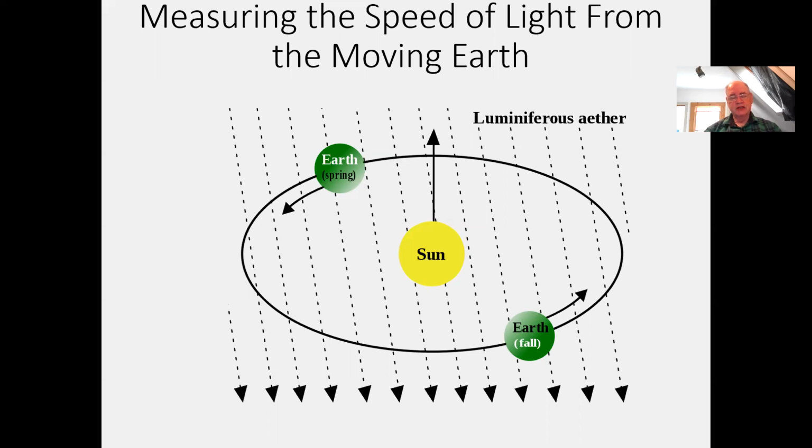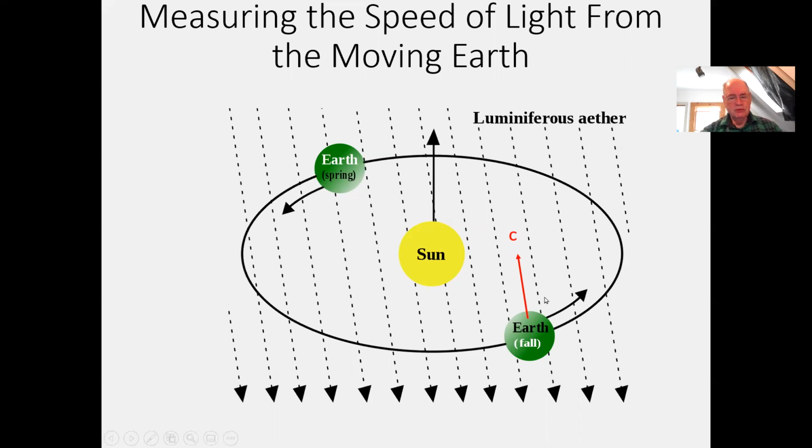The ether is fixed. And so if you were lucky enough to point a light beam directly in the direction that the earth was moving, it would look something like this, right? There would be the light beam going out at the speed of light, c.